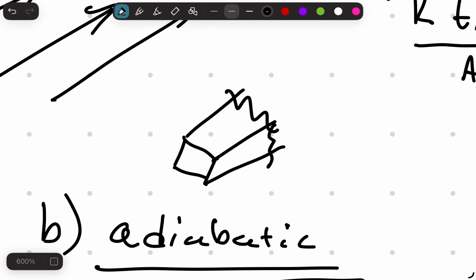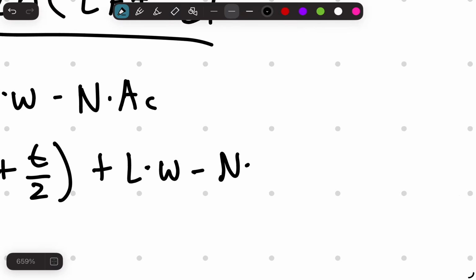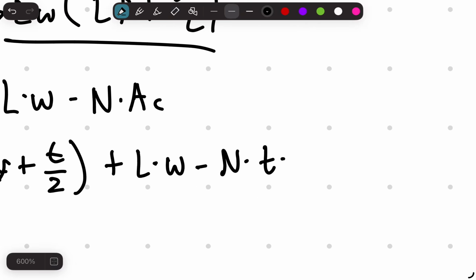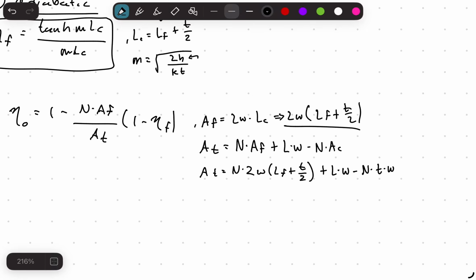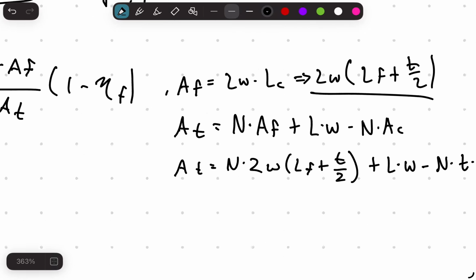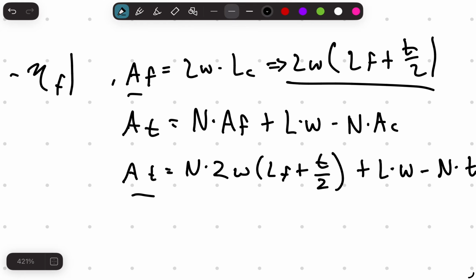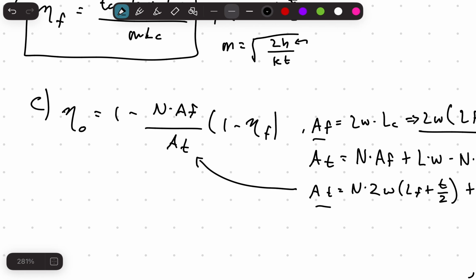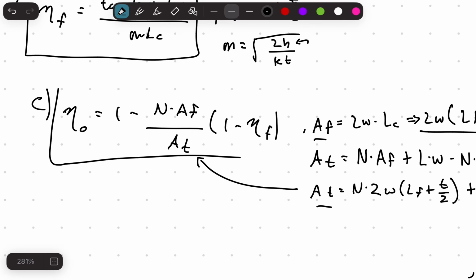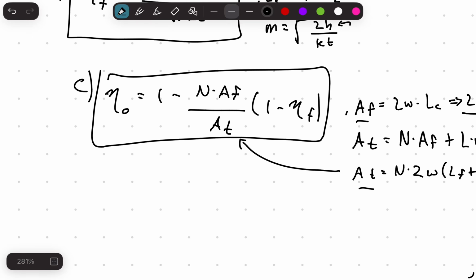So you're using this area right here, so that's going to be the thickness times the width. Okay, so when you put all the numbers in for these, you don't have to put them back into here. You can just leave it like that, I'm pretty sure. So that will be part C.